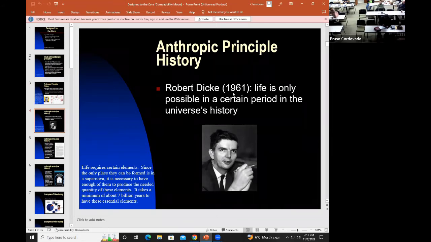Robert Dicke in 1961 found out that life can only exist in a certain period of the universe's history, because you need to have enough time for the elements to be formed, and they're only formed in supernovas. And so you need to have at least 7 billion years for those to be produced.